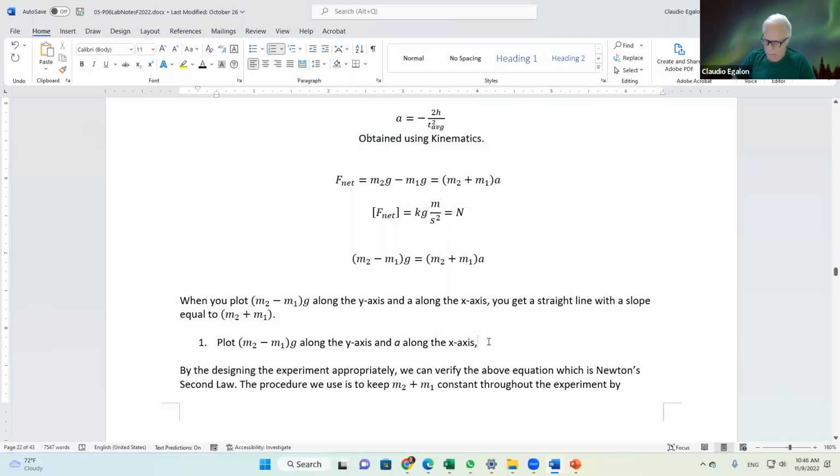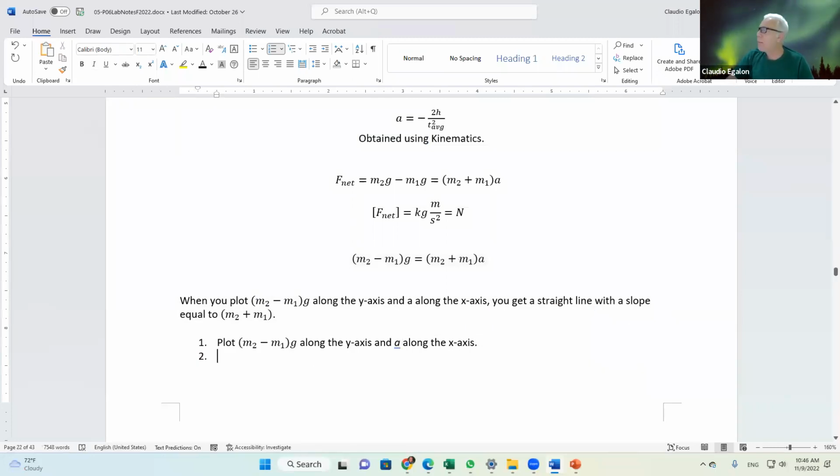That's the first thing you do. Let's do that. So that's the theory behind it. Okay. We are calculating the A from actual experimental values using kinematics. And we are going to see that this equation here fits Newton's law pretty well.